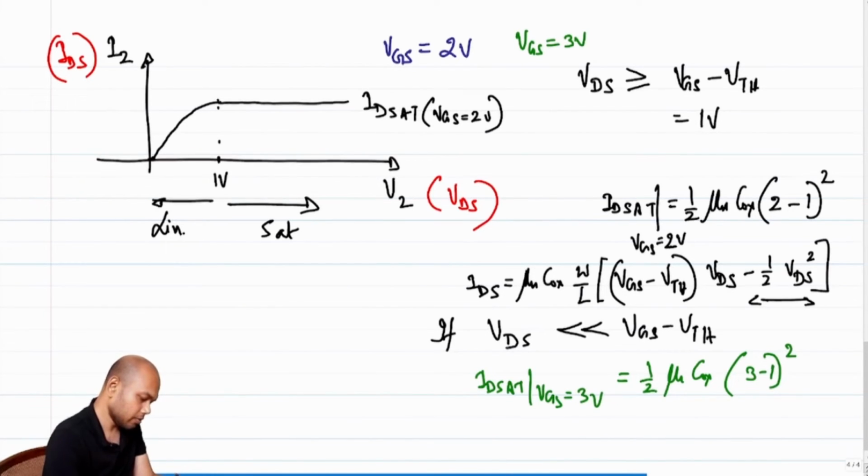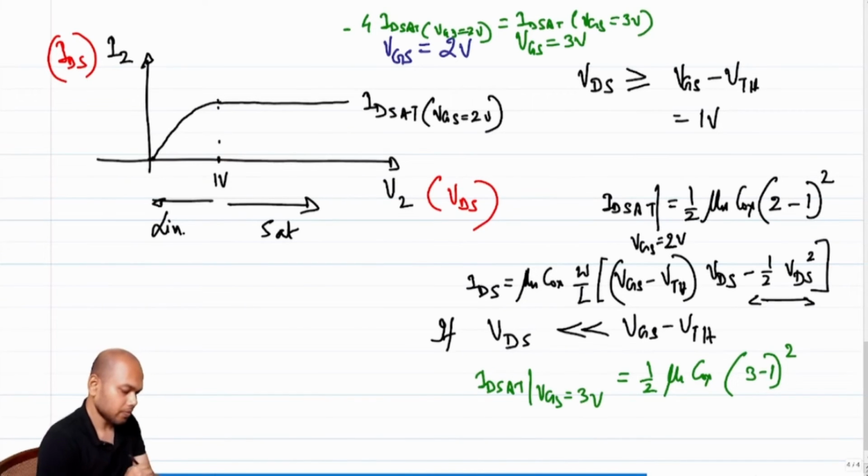So this ID sat will increase to some value. Let me call this 4 times ID sat of VGS equal to 2 volt. So this will be equal to ID sat for VGS equal to 3 volt.